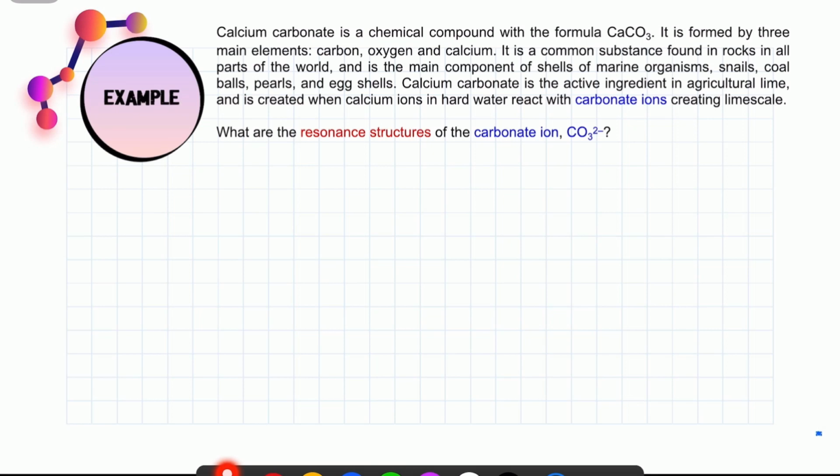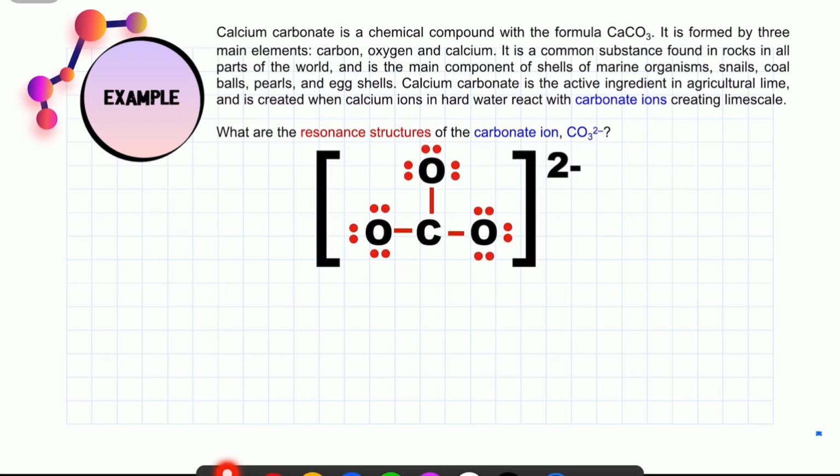So as usual, firstly you have to draw the Lewis structure of the carbonate ion. This is the Lewis structure using the 4 steps in drawing the Lewis structure, but this is not the exact Lewis structure for the carbonate. You can see that the oxygens, the surrounding or terminal atoms, are all octet because there are 8 electrons around each oxygen.